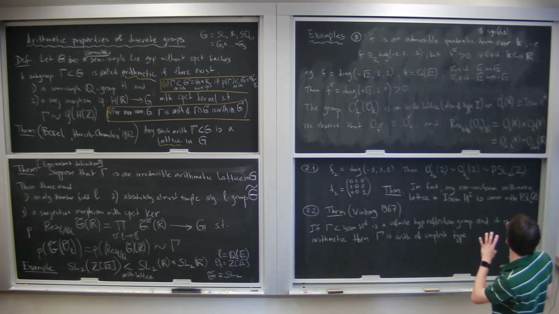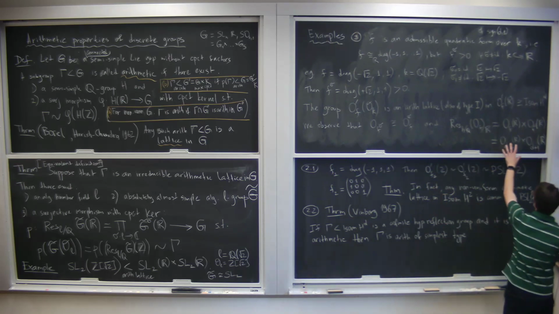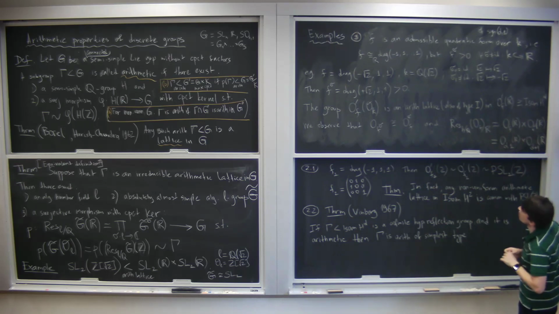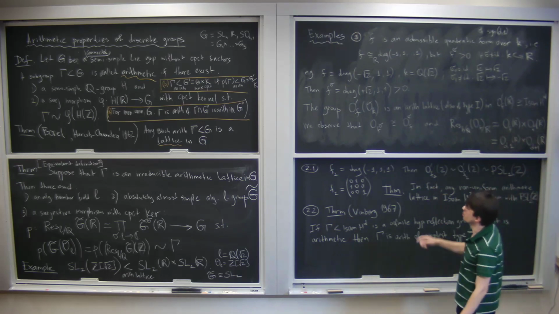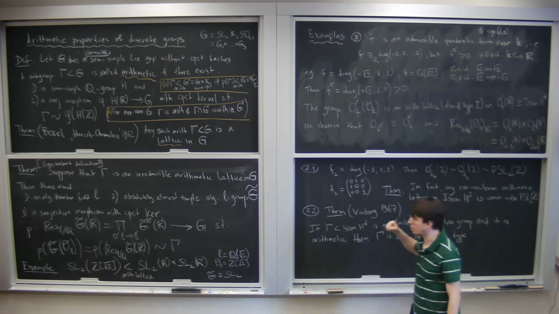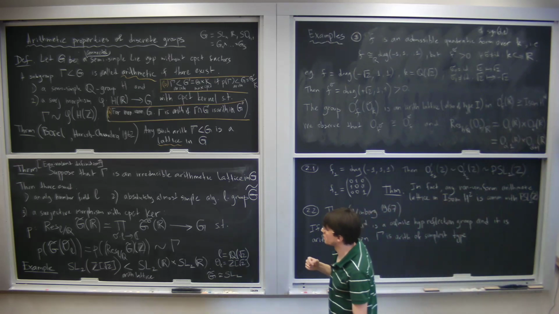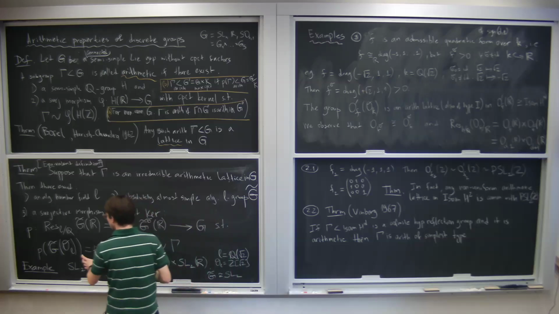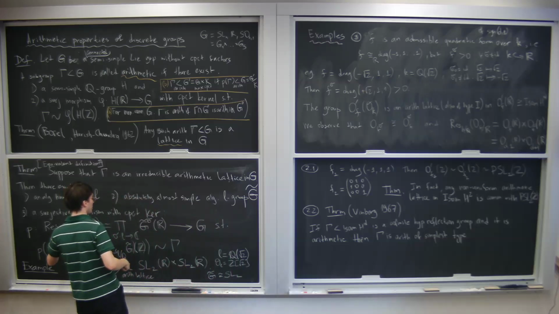So technically, I get the product of a non-compact group and the compact group. So my integer points. Yeah, so the restriction of scalars, so basically the image.